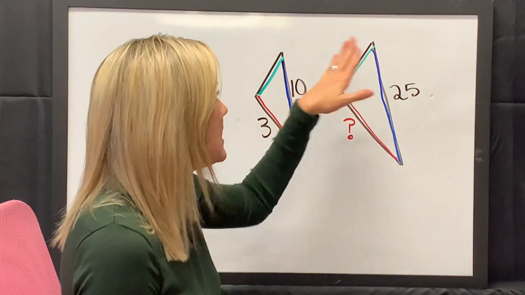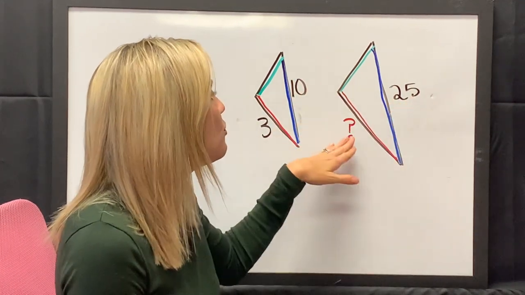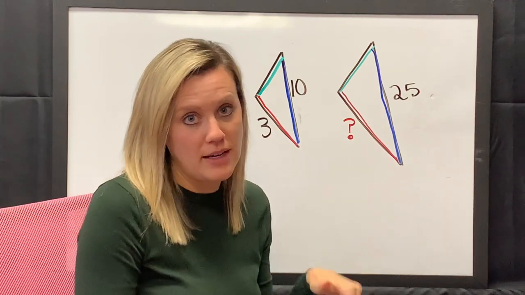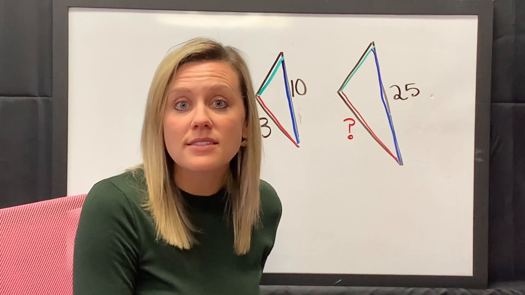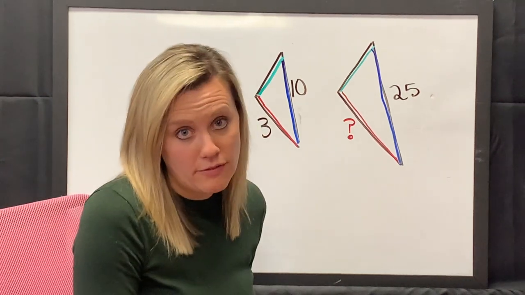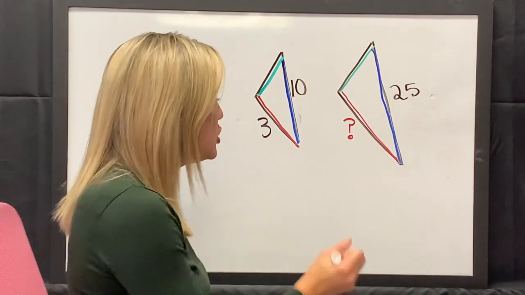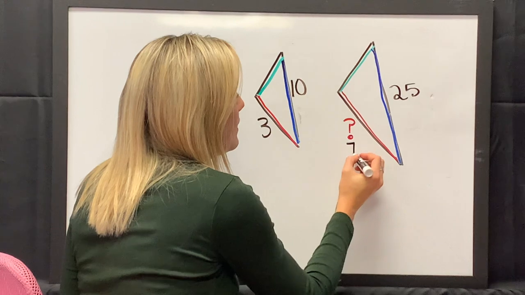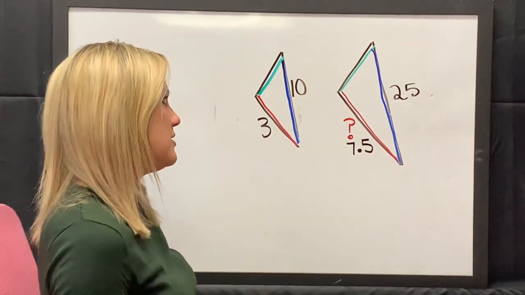So 10 times 2.5 is this. So what would 3 times 2.5 be? Well, 3 times 2 is 6, and 1/2 of 3 is 1.5. So 6 plus that 1.5 should give you 7.5, and that would be your answer.